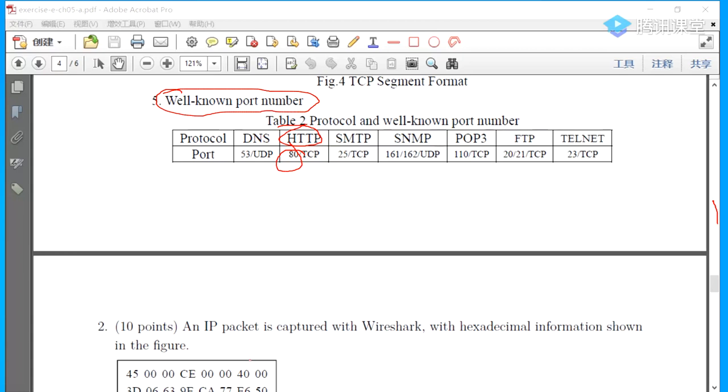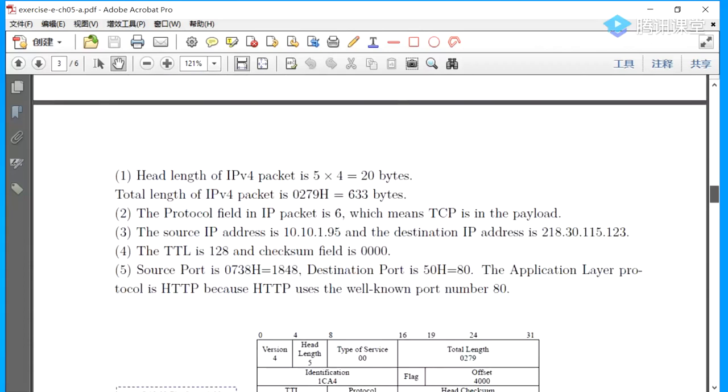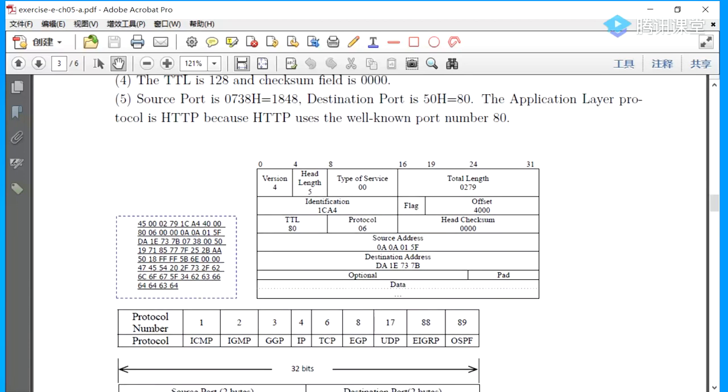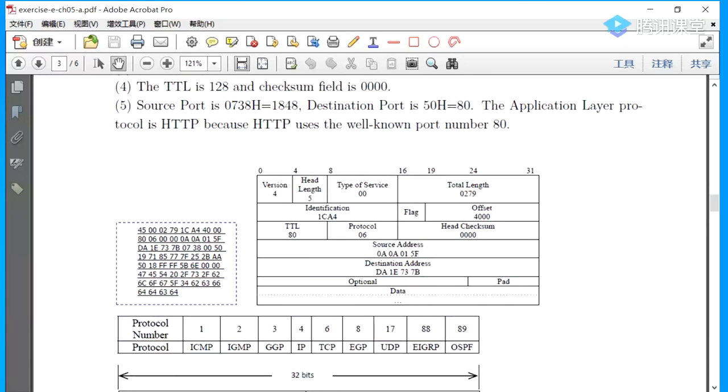That means HTTP uses port number 80. So when we calculate and get 80, the destination port number is 80, we can determine from the well-known port number table, and then decide the application layer protocol is HTTP because HTTP uses the well-known port number 80. Do you understand?